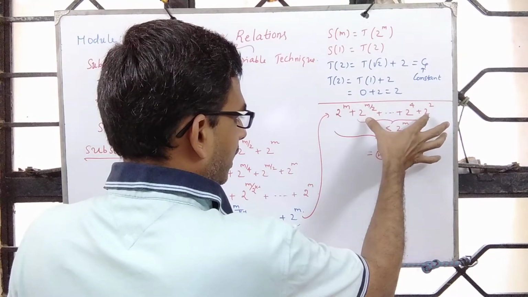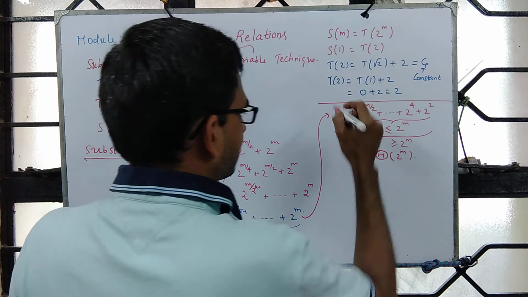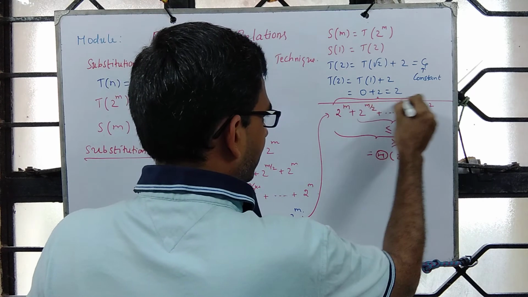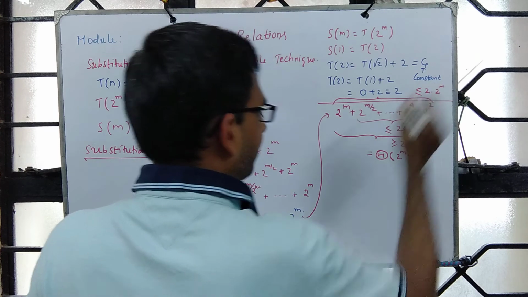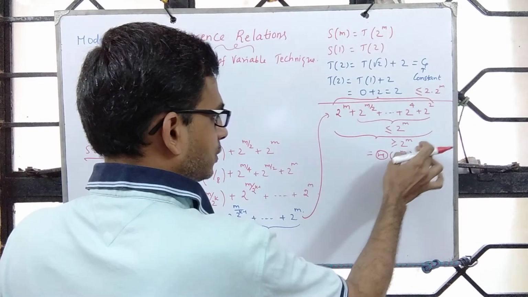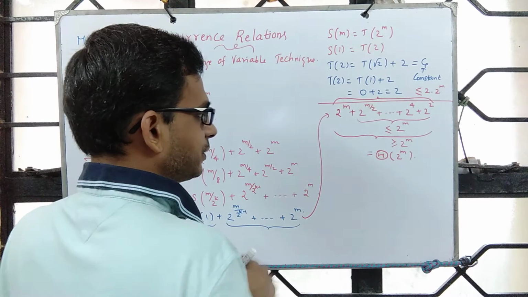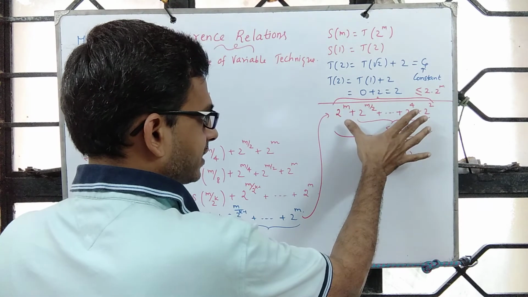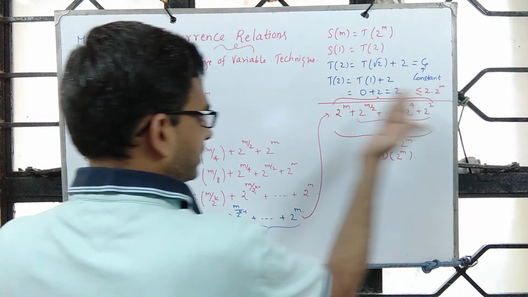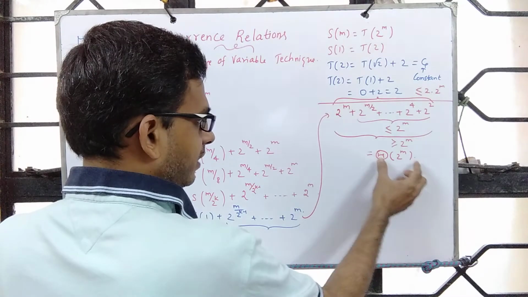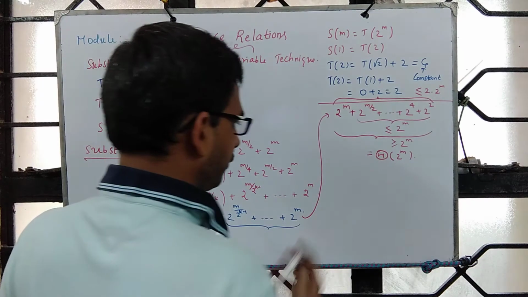I am upper bounding this so that the entire expression is upper bounded by 2 times 2^m, and the entire expression is lower bounded by 2^m because the first term is 2^m. Which means this expression, this is our step count, right? It is packed between 2^m on this side and 2 times 2^m on this side. So the value is theta of 2^m. This is one way of doing it.